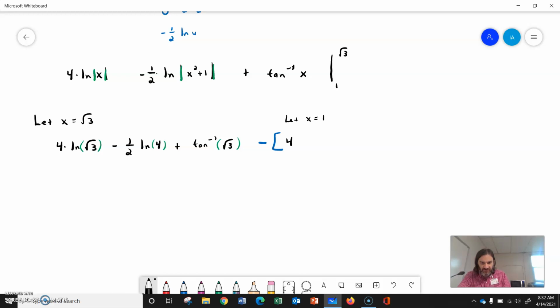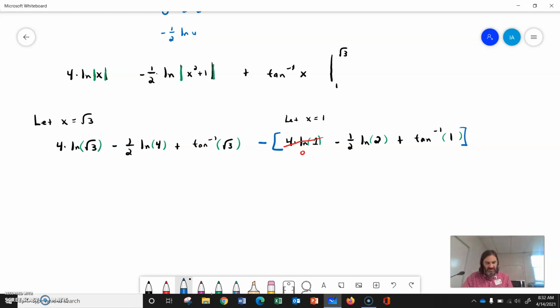So we'll have 4 times the natural log of 1. Anybody remember what natural log of 1 is? It is 0. So let's just go ahead and knock it out. Then we have minus 1/2 natural log of, it looks like it'll be 2. And then we will have plus the tangent inverse of 1. And remember, that's a value, not an angle.